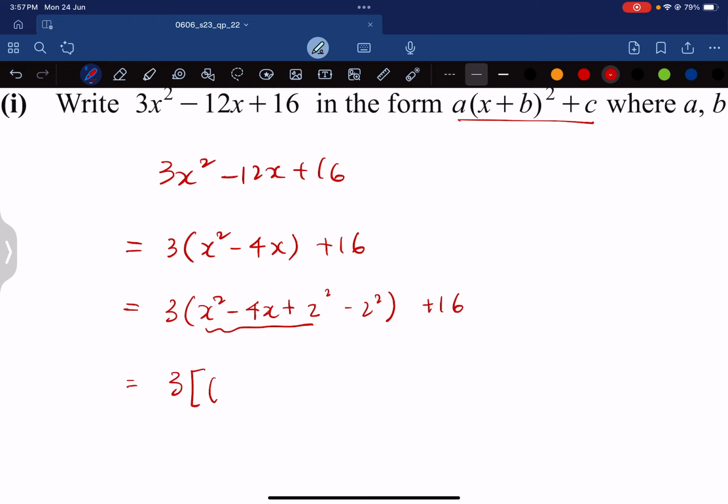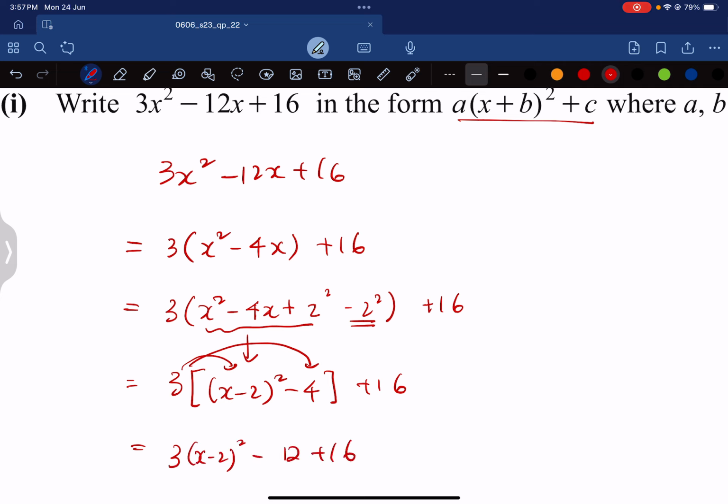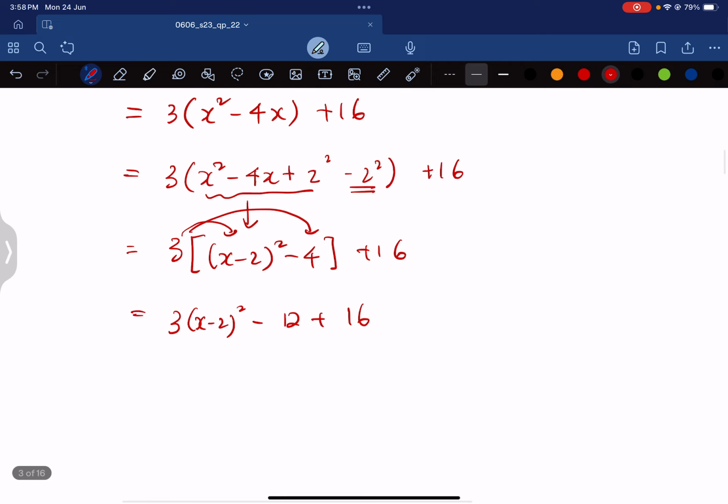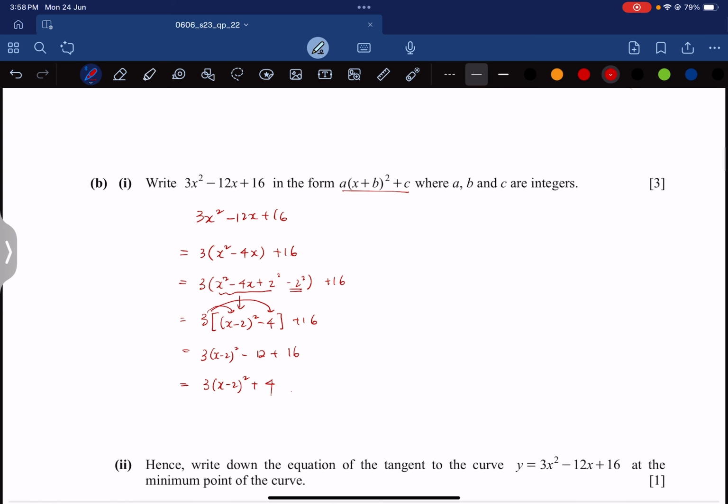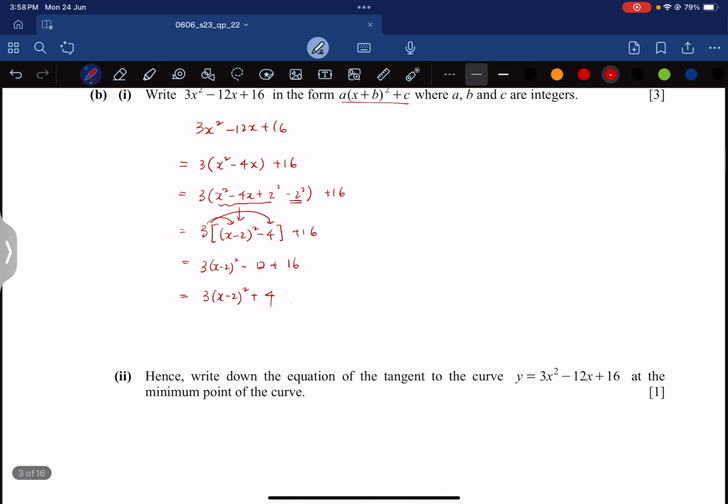So we have 3 times (x minus 2)² minus 4, plus 16, and then expand the brackets. So we have 3(x minus 2)² minus 12 plus 16. So therefore we have this finally, 3(x minus 2)² plus 4. Okay, so I guess this is the correct answer.